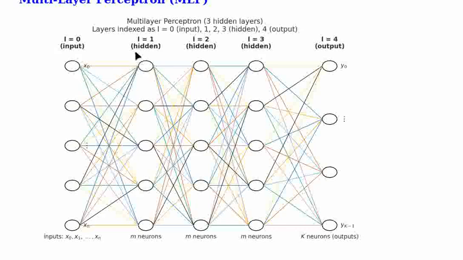And L equals 1 is the hidden layer. It has m neurons. L equals 2 is the second hidden layer, also has m neurons. L equals 3, the third hidden layer. And L equals 4 is the output layer. The output layer here has k neurons, from y0, y1 to yk minus 1, the k outputs.